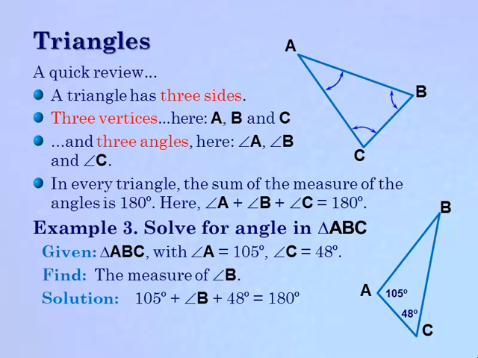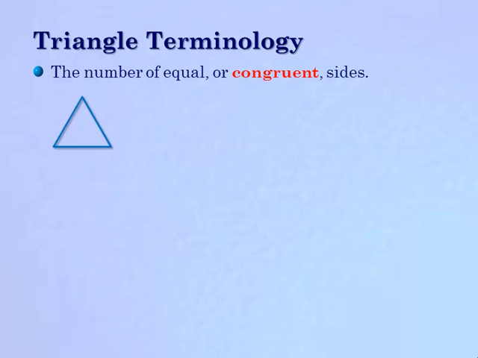And so we'll say 105 degrees plus angle B, whatever that is, plus 48 degrees has to all equal 180 degrees. So all we have to do now is the algebra to solve for angle B, which you know means that we take 180 degrees minus 48 minus 105 equals 27 degrees.